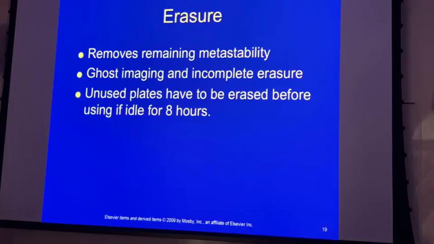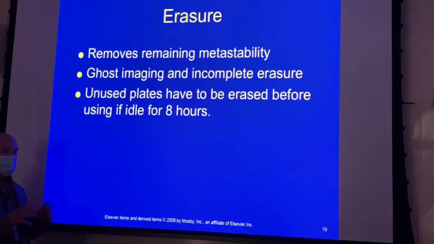So the eraser is where, even after you've got laser stimulation and the release of the light and the detection of the light, you still have some metastability going on. The eraser bank is just a whole lot of fluorescent light bulbs that glow really, really bright to release as much of that as possible.